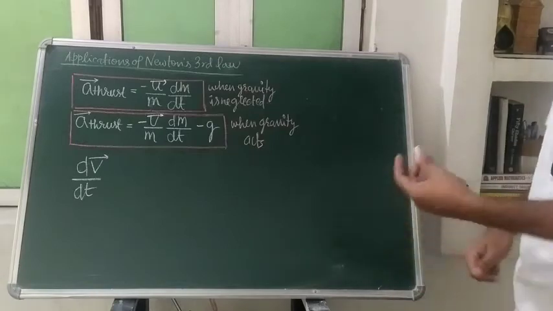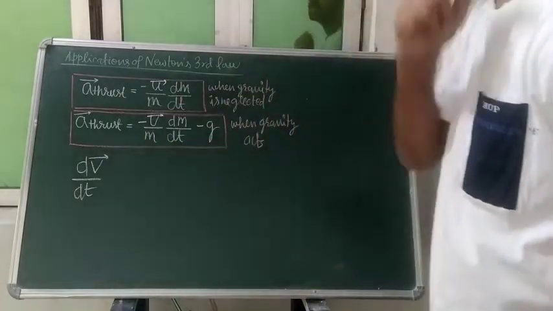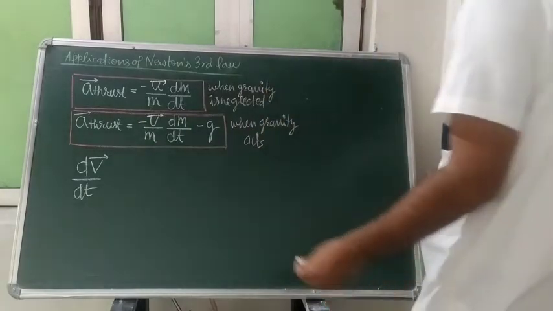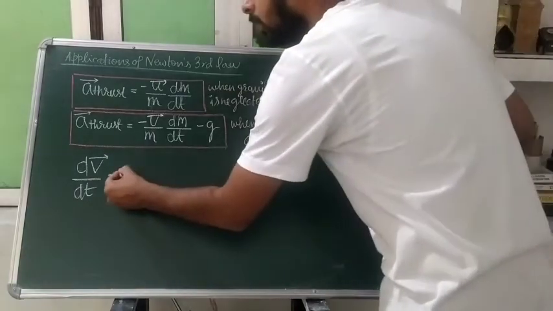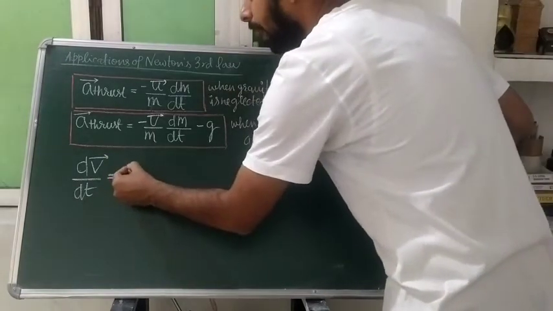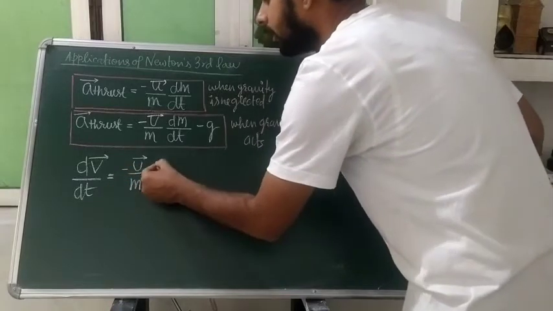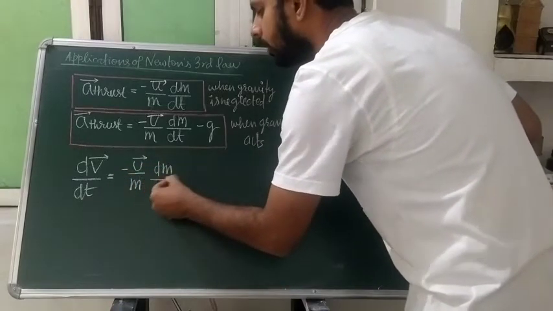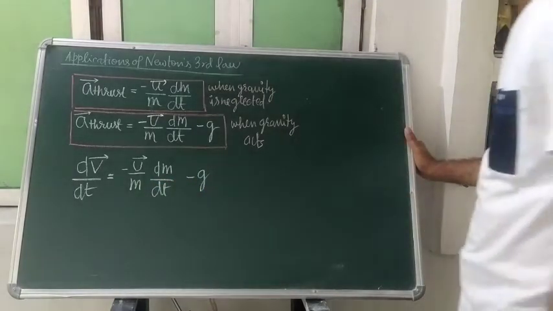So del V upon del t will become minus u by m times del m upon del t minus g. Isn't it, student?